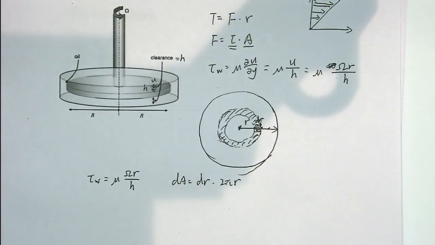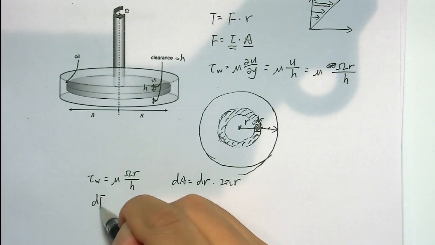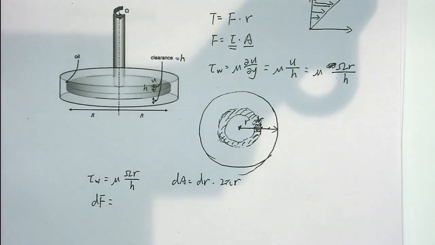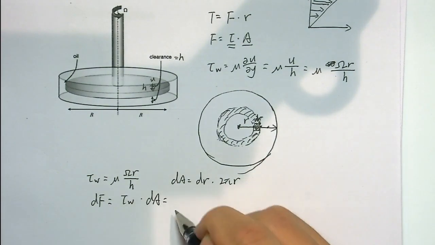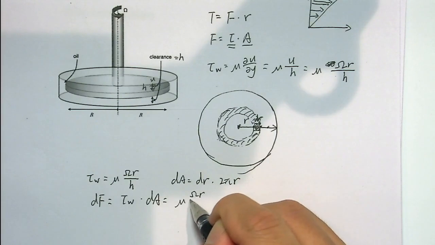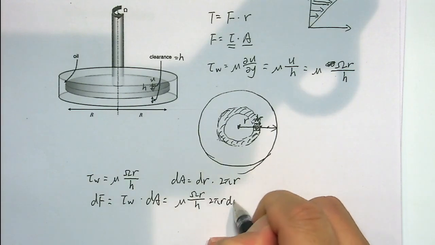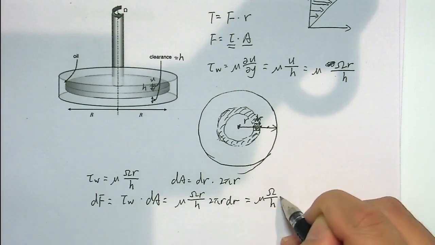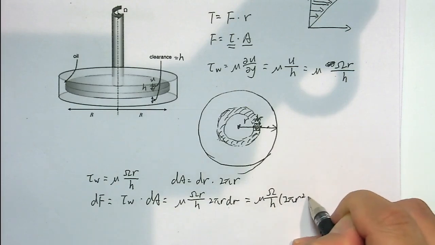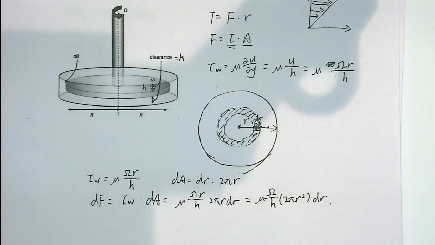And now we could get dF, which is the viscous force. The dF is the shear stress multiplied by dA, which is mu omega r over h times 2 pi r dr, which is mu omega over h times 2 pi r squared dr. So we got the dF at these small rings.